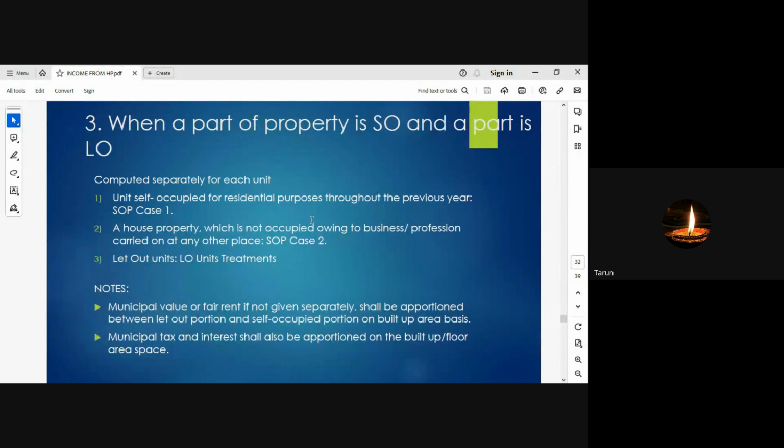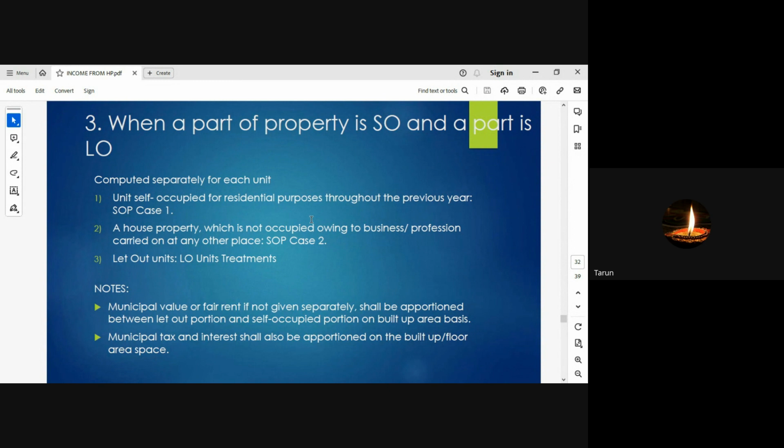Municipal taxes and interest shall be apportioned on the basis of floor space area.